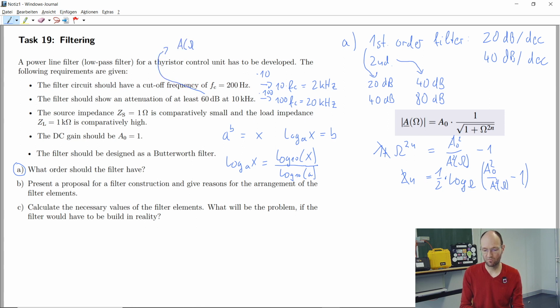So this A of omega in linear units is 10 to the power of this A in dB, divided by 20, because it's proportional to a root power quantity, to some current or voltage or something like this.